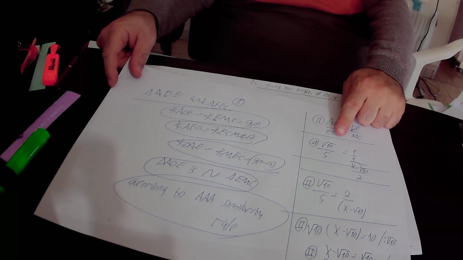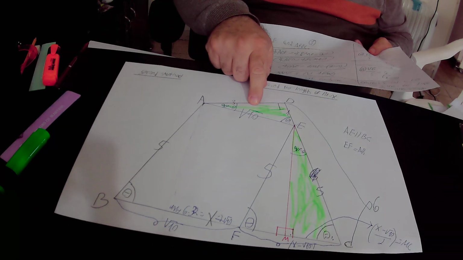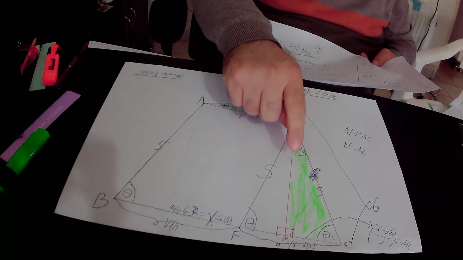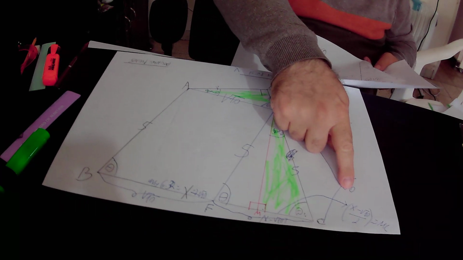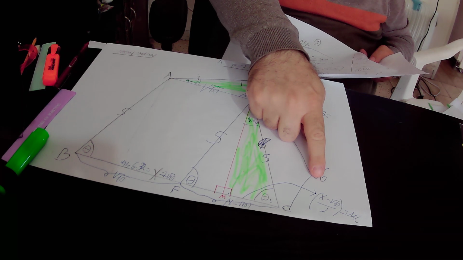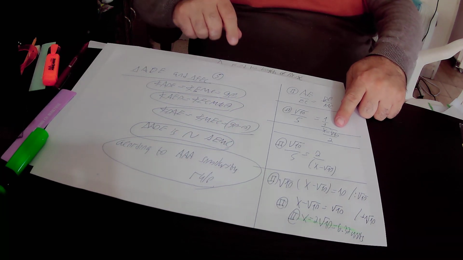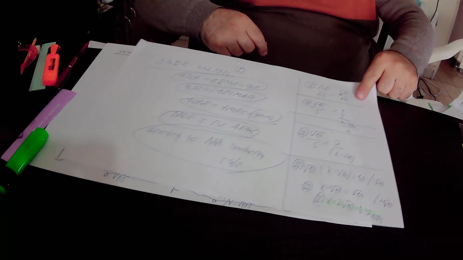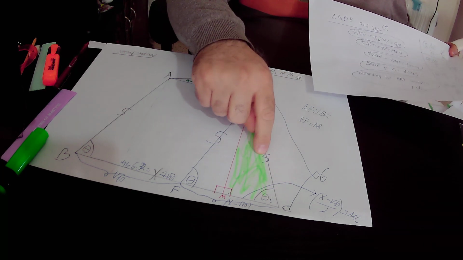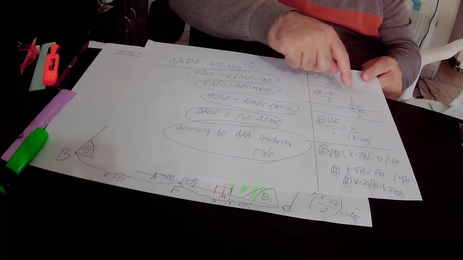AE equals square root of 10 units. EC equals x minus square root of 10 over 2, and MC equals x minus square root of 10 over 2. And DE equals 5.